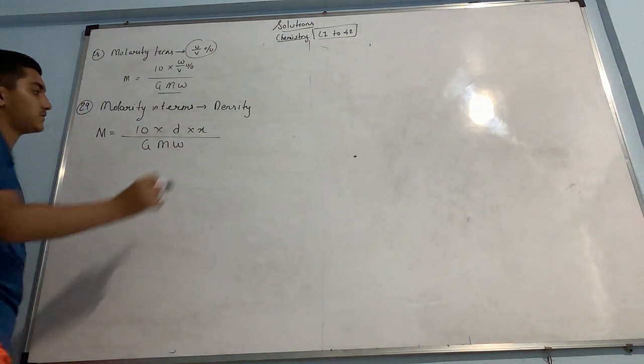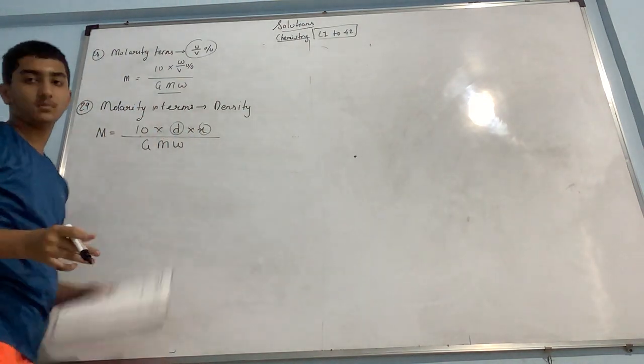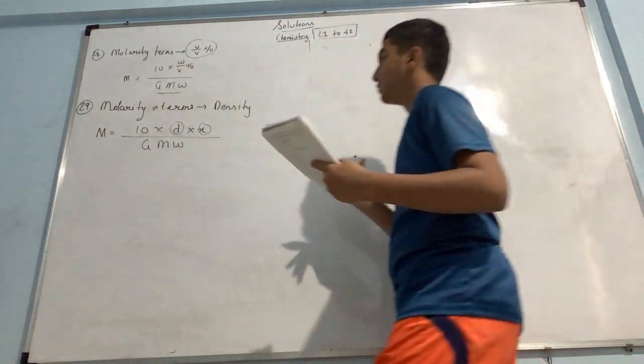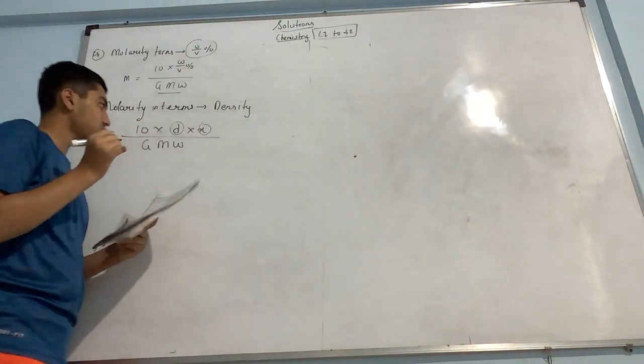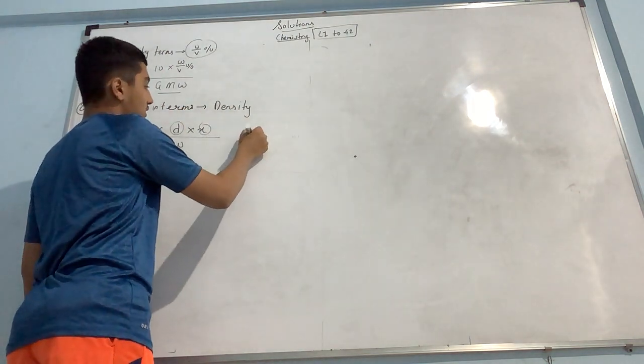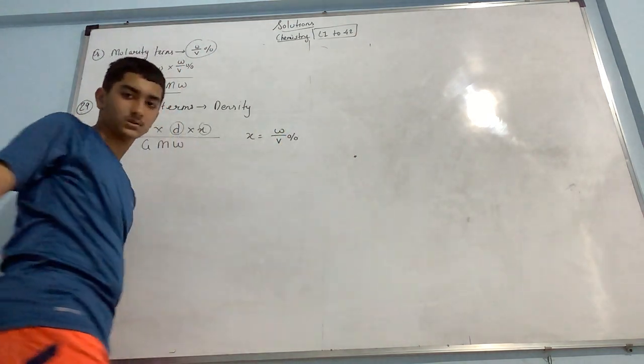I'll tell you what these values are. This 10 you know, M you know, molarity. GMW, I told you in the first point, is gram molecular weight. D means density, easy. X means WV percentage. Understood?